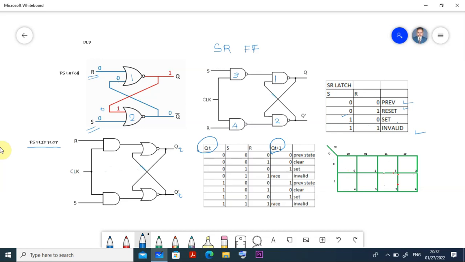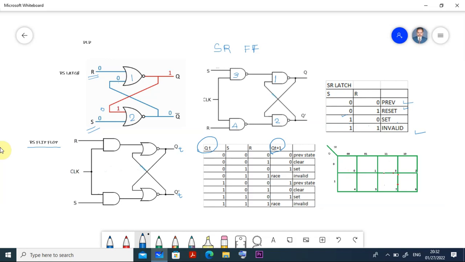How many variables do we have now? Qt, S and R. I can make the combinations 000, 001, 010, 011, 100, 101, 110, and 111. These are the binary representations.